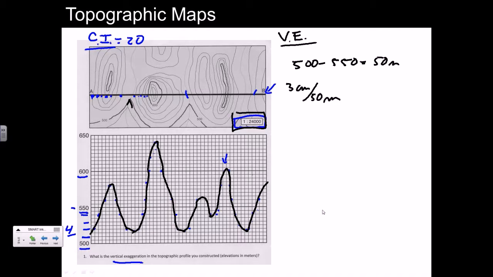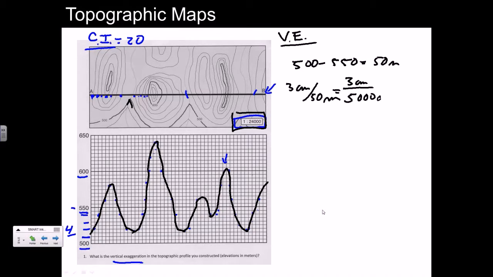I want to get these units into the same. With fractional scale, you always need to have the units the same so you can simplify the expression. So that's equal to 3 centimeters per, we've got to add 2 zeros to go from meters to centimeters.